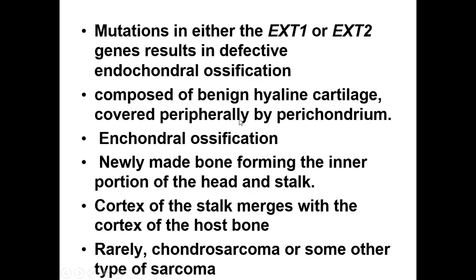They are composed of benign hyaline cartilage covered by perichondrium, and they arise in endochondral ossification, newly made bone forming the inner portion of the head and stalk. They are often pedunculated and have a stalk. The cortex of the stalk merges with the cortex of the host bone, and rarely sarcoma may develop, chondrosarcoma.